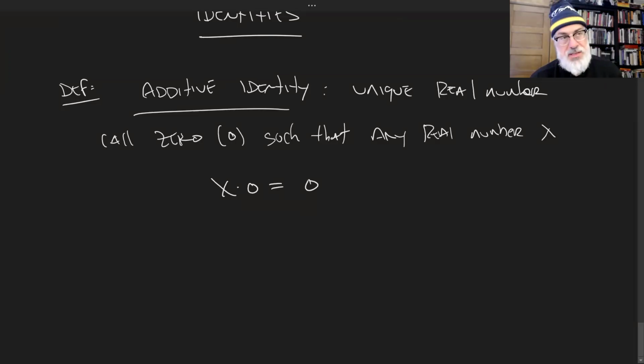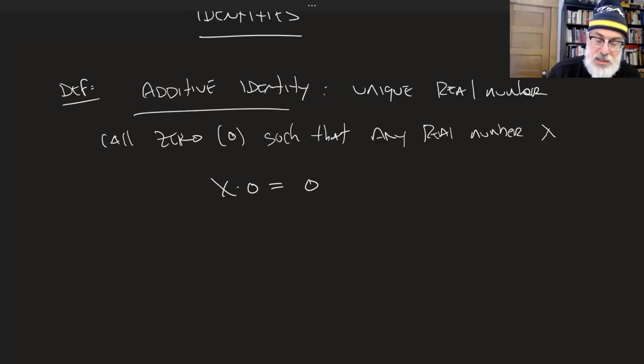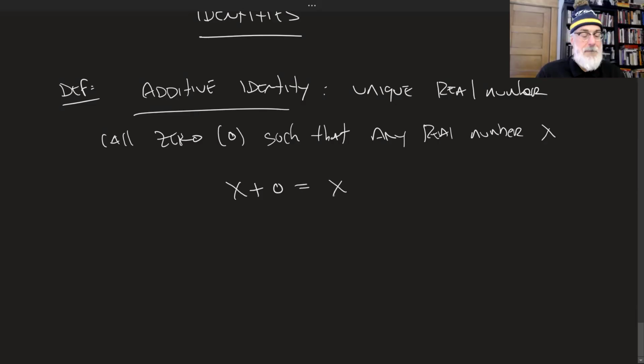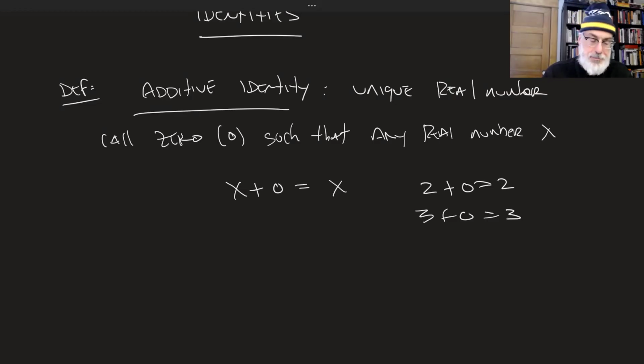So it's a fancy way to say that we have an identity element called 0. We have an identity element 0 for when I add 0 to anything, I get that number back. Meaning 2 plus 0 is 2, 3 plus 0 is 3, and so on. The additive identity meaning I get back what I started with.